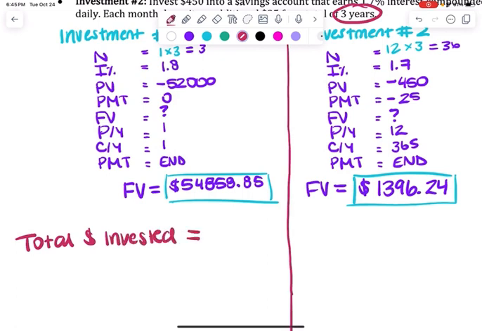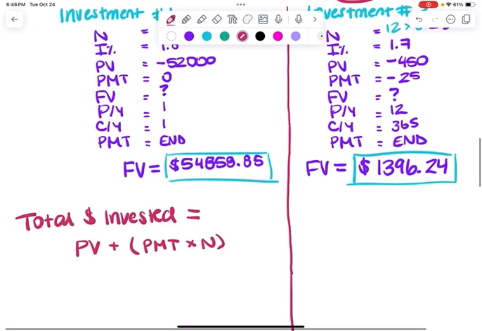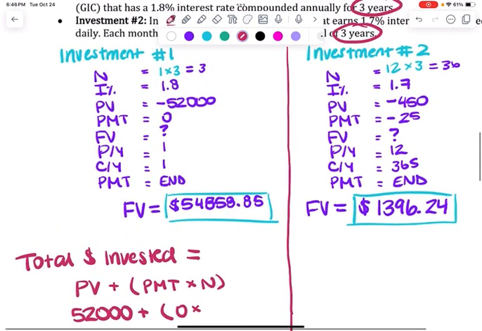Now, that is equal to my PV value as a positive plus whatever my PMT is times N. I'm pretty lucky in this case because all I have is a PV value, again, positive. My PMT happens to be 0, and that's okay. My N happens to be 3.